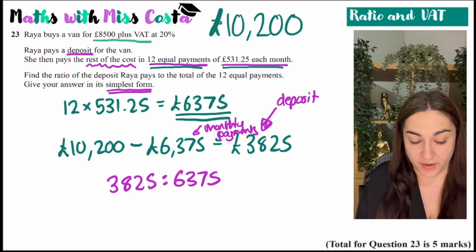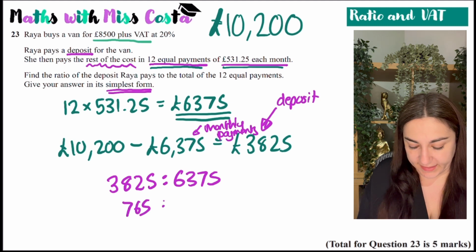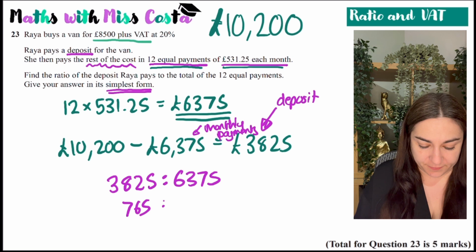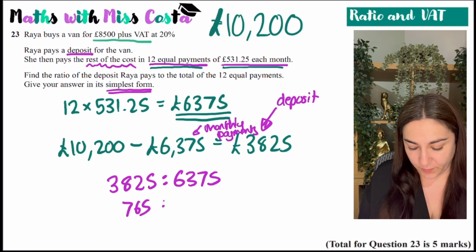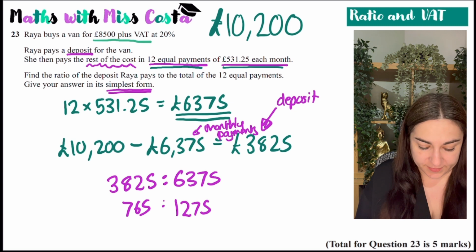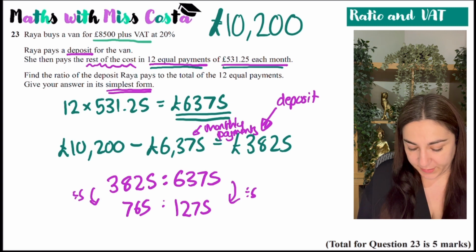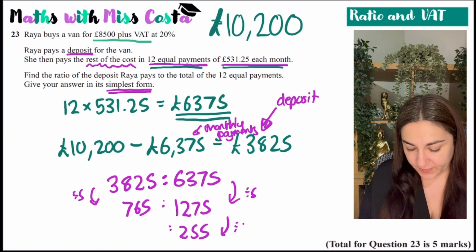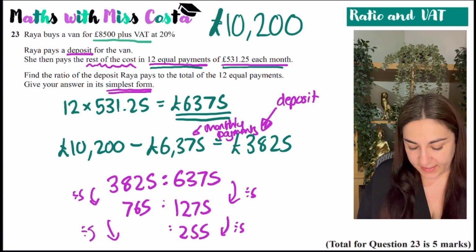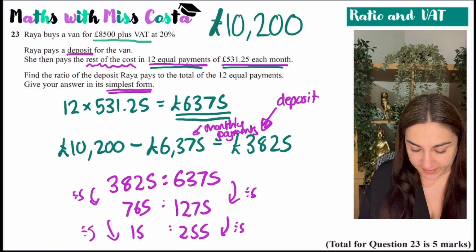So I could start by dividing by 5 on both sides. That would give me 765, and 6,375 divided by 5 is 1,275. I could divide by 5 again. This is with a calculator, so it makes life a lot easier. Divide by 5 again, and 765 divided by 5 is 153.